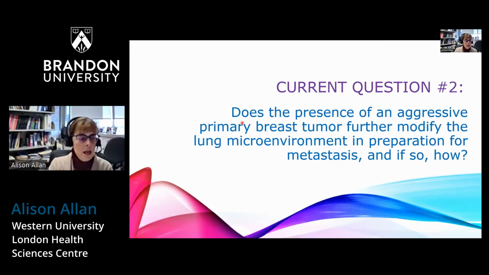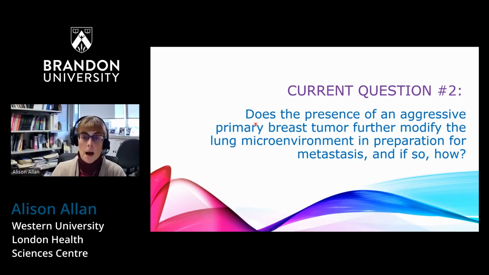And then finally, the other really exciting thing that we're working on right now is asking and answering the question: does the presence of an aggressive primary tumor actually further modify the lung microenvironment in preparation for metastasis? And if so, how?